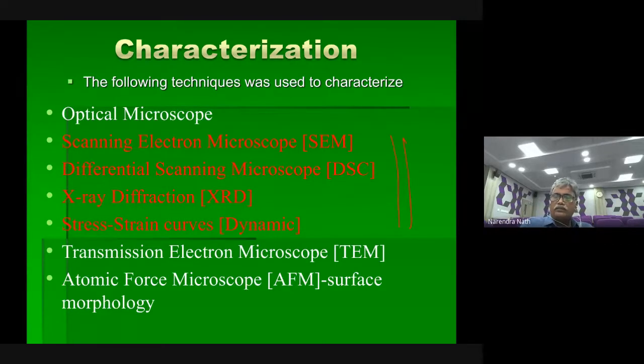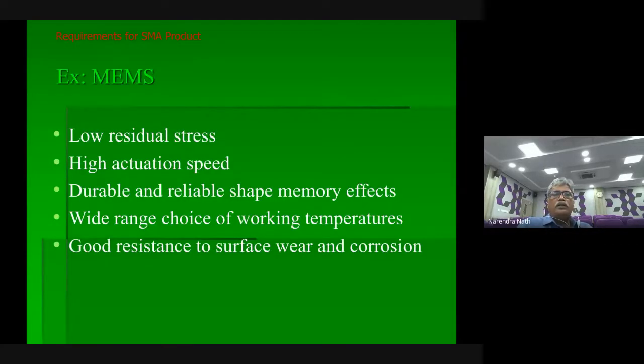We are discussing SMA products. If you want to use one for a MEMS application, what should be the criteria? It should have low residual stress, high actuation speed, durable and reliable shape memory effects, a wide range of choice of working temperature, and good resistance to surface wear and corrosion.